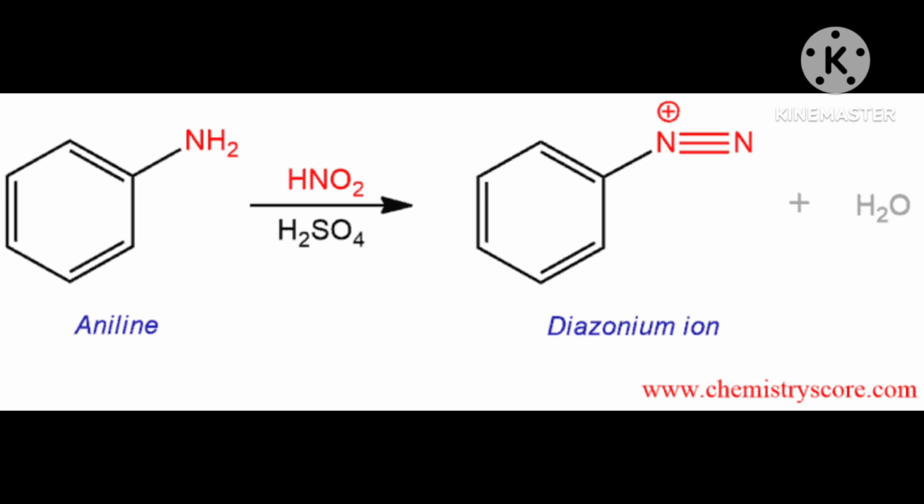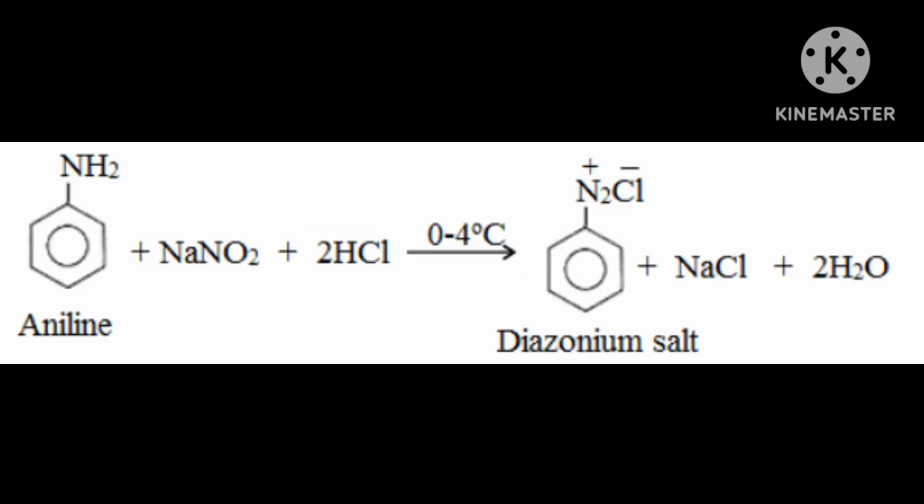Then you will get ArF. Because Ar is positive and BF4 is negative, one F out of the four will come out and join with Ar.